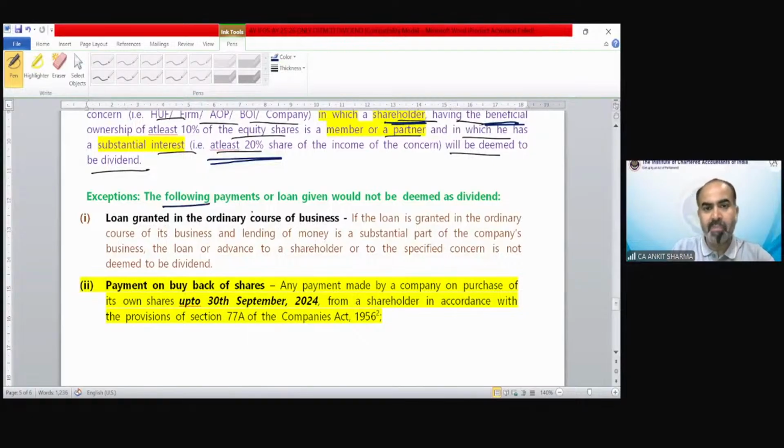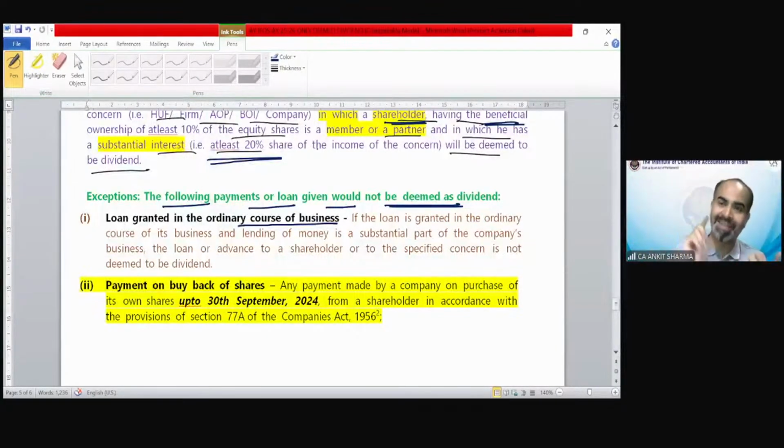The following payments or loans given would not be deemed as dividend. Loan granted in the ordinary course of business. Now, suppose that the closely held company is a financing company whose ordinary course of business is to provide loans, etc. So if in the ordinary course of business that company provides loans to that shareholder who has 10% of voting power, what does ordinary course of business mean?